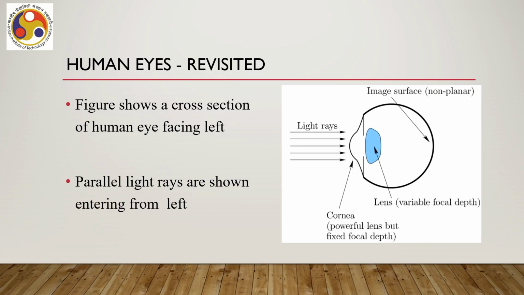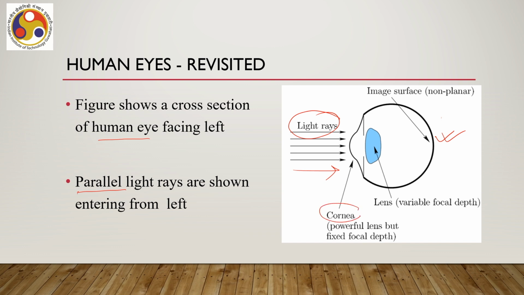When we talk of human eyes, based on what we have gathered so far, an eye looks something like this, as shown in this figure. It shows a cross section of the human eye facing the left direction. The light rays falling on it, we can assume to be parallel light rays entering from the left side.